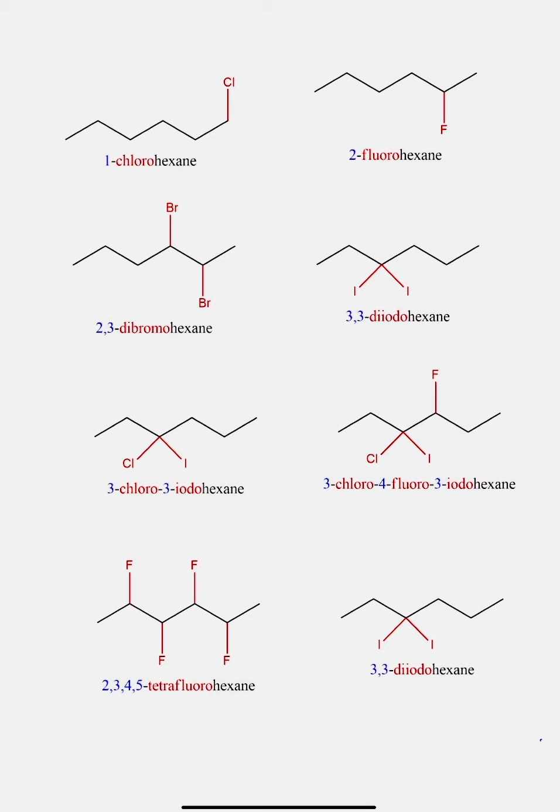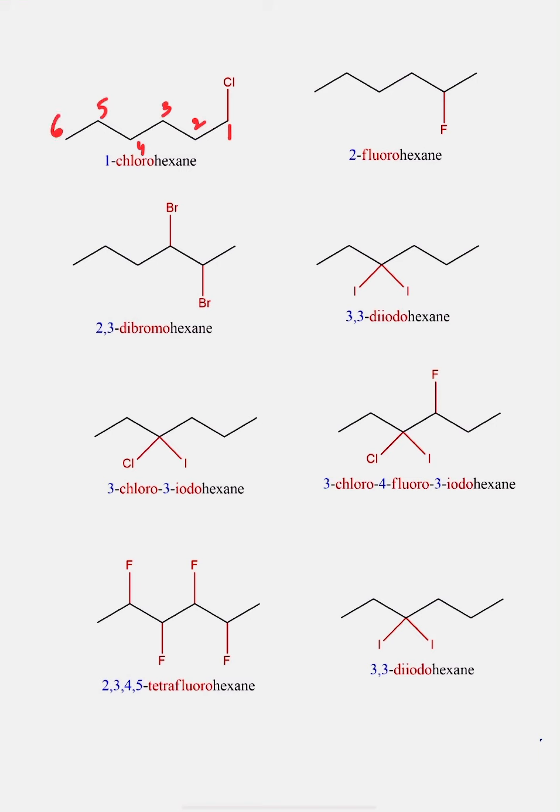Now let me look at this first compound. So the carbon chain is this carbon chain. How many carbons does it have? 1, 2, 3, 4, 5, 6 carbons, and chlorine is attached to the 6th carbon. Or is it attached to first carbon? It is attached to first carbon actually. I can number it from here. So I get substituent at 6, but I can also number it from here.